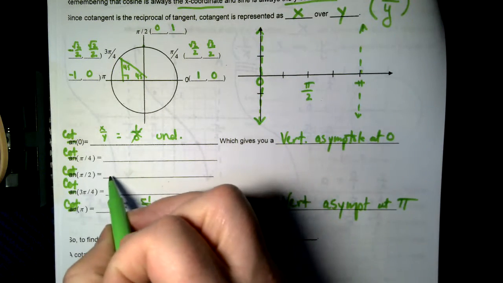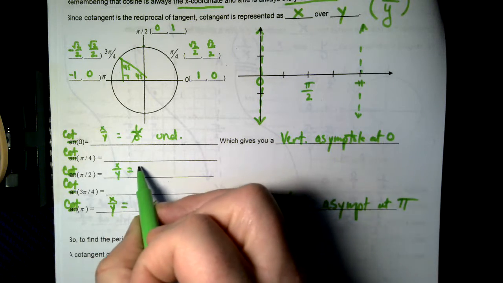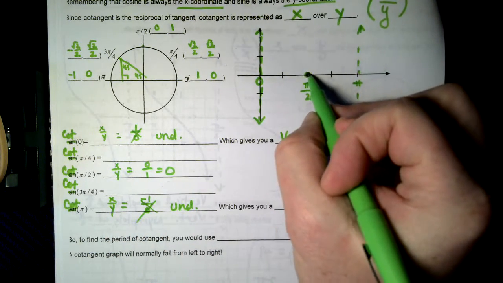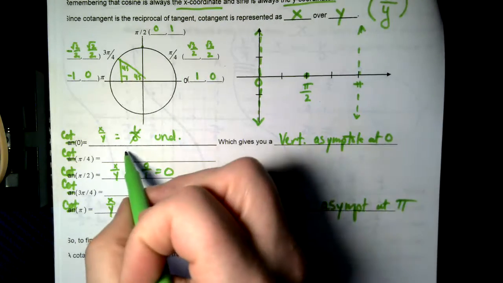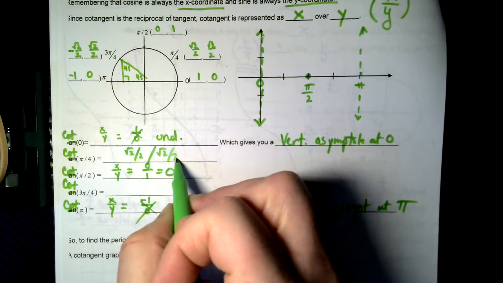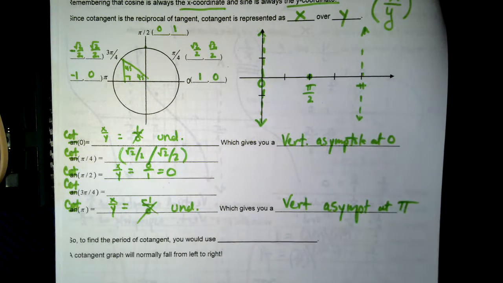So at pi over 2, what I get is x over y. That's a 0 over 1, which is 0. Okay. At pi over 4, I get square root of 2 over 2 divided by square root of 2 over 2. Oh, hold on. I got to pause right here. Jump over to the second video to pick it up from here.